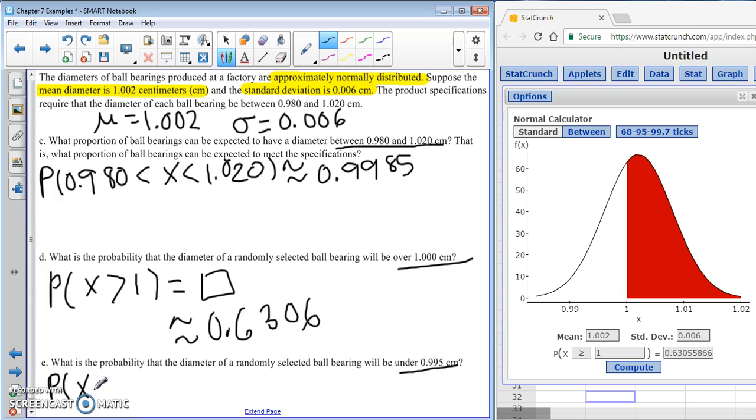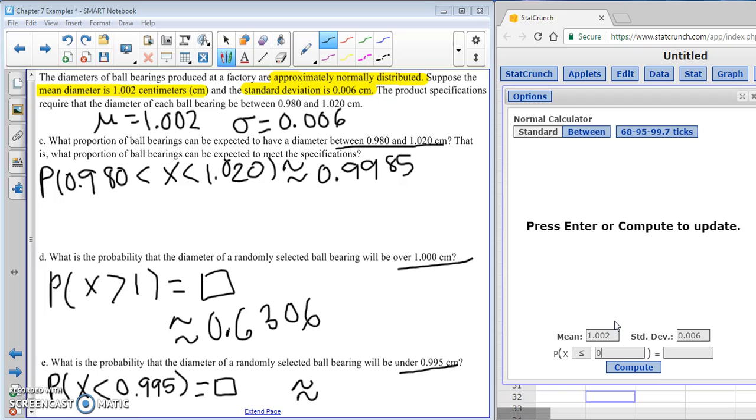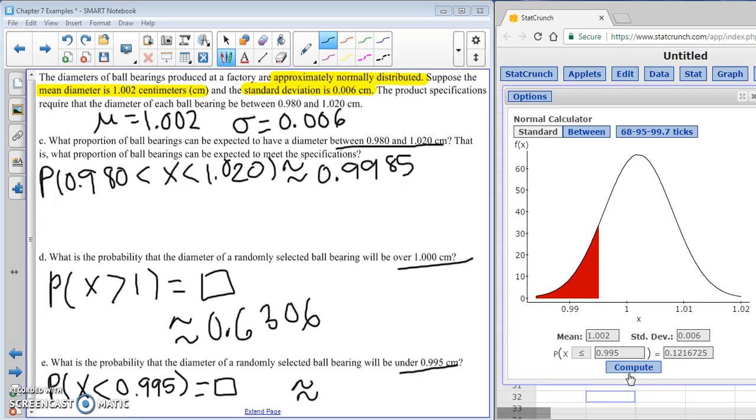So less than or equal to 0.995 and compute. 0.1217 here.